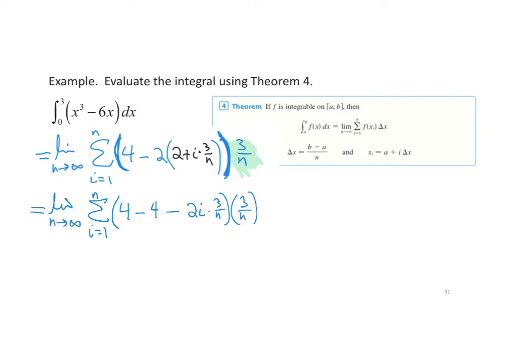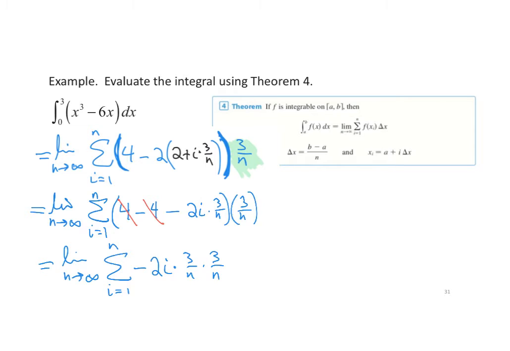These 4's here are going to cancel each other out because it's 4 minus 4. And that's going to give us the limit as n goes to infinity of the summation from i equals 1 to n of negative 2i times 3 over n times 3 over n.